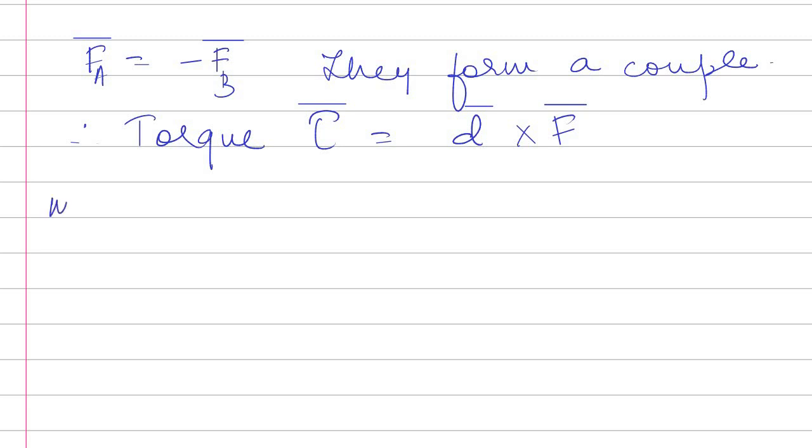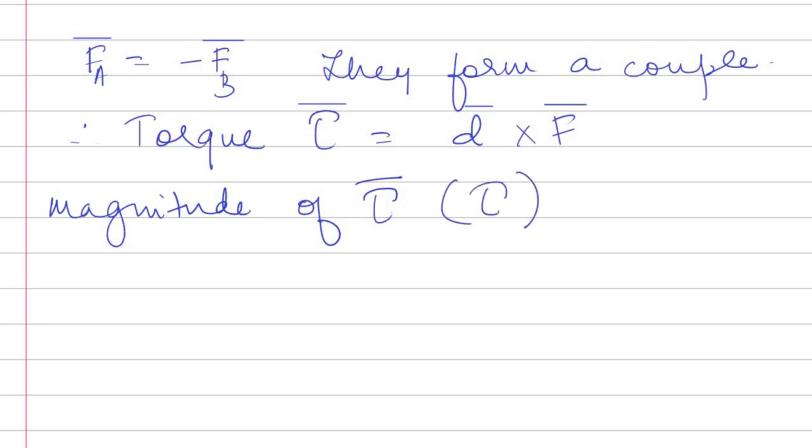So the magnitude of the torque tau would be equal to 2L QE sine theta. 2L sine theta is the perpendicular distance, and F equal to QE is the force.